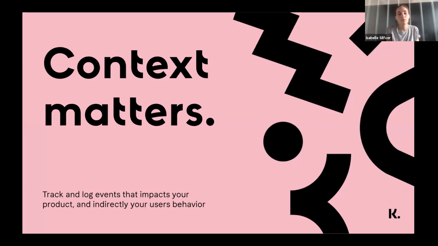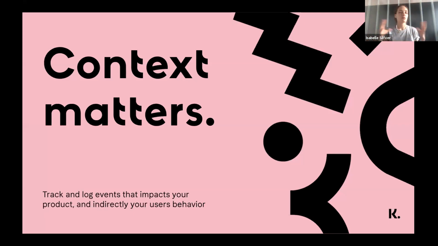Understanding what events impact your product and indirectly your user's behavior is not only about the user itself. Of course, we look at the user interface, how it's used in terms of what pages are more relevant, which date ranges have been more attractive to the user, where they are clicking, and could we track the user journey in a way.